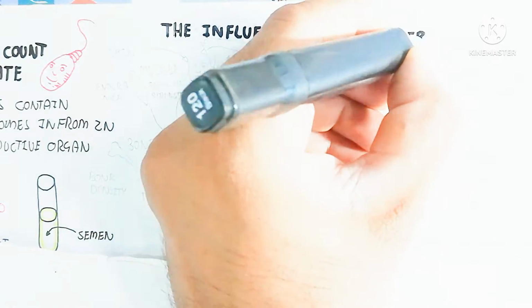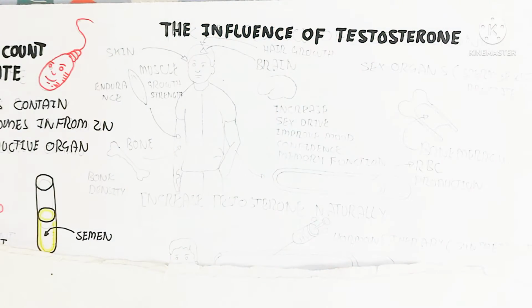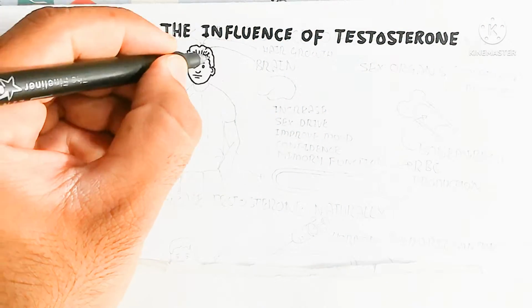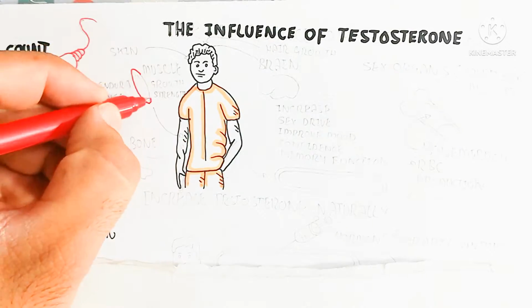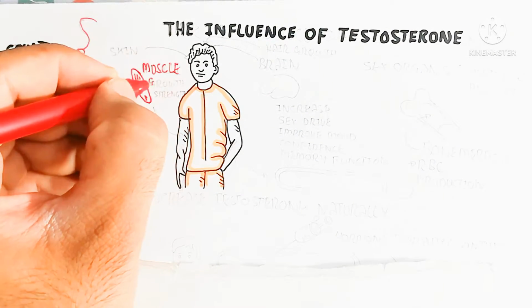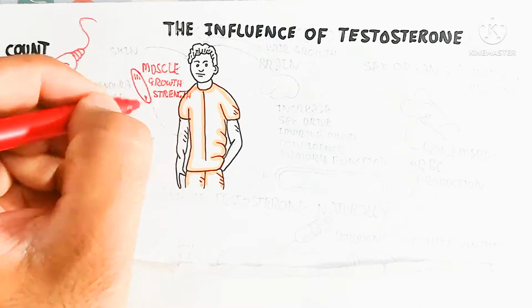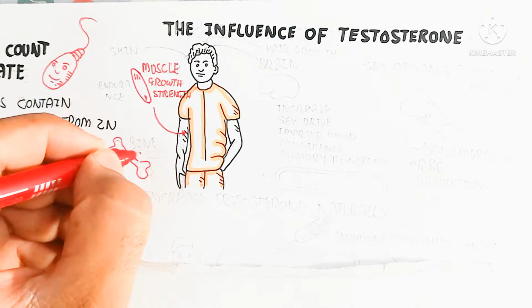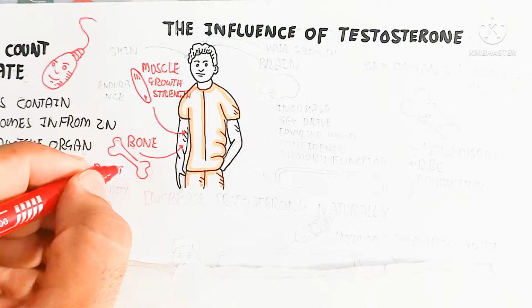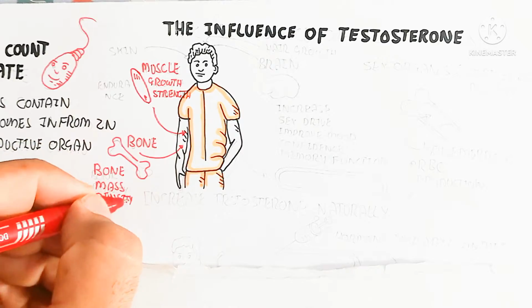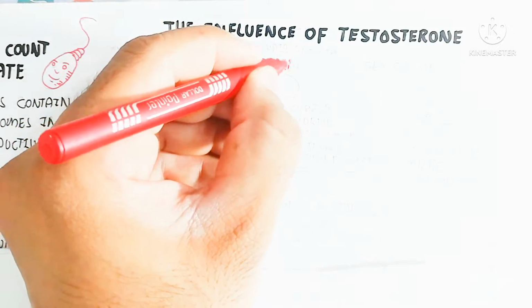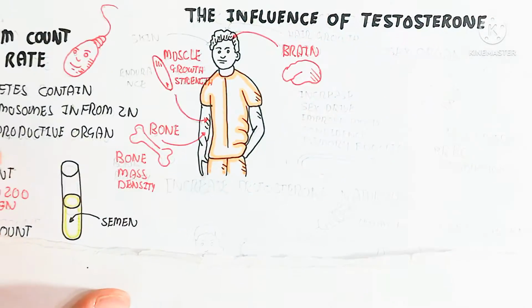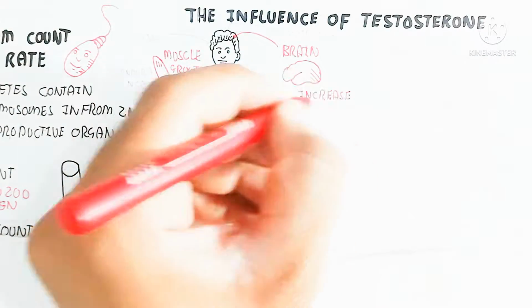So let's begin to understand the influence of testosterone. Basically, it influences different organs. For example, skin can glow due to testosterone production and not wrinkle before aging, and there is muscle growth and strength, endurance, and bone density, the mass of bone will increase, and the size of the body will increase.